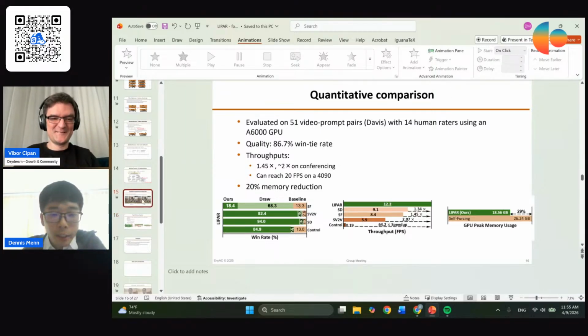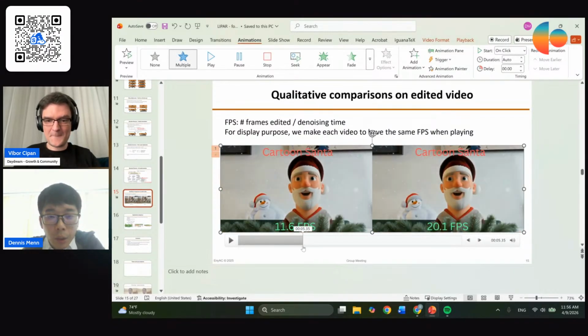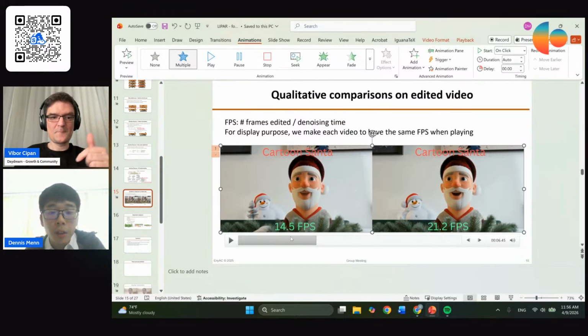Yes, so I can directly show you an example. On the left-hand side, this is self-forcing, whereas the right-hand side is LIPAR. You can see, even if the background does not change, self-forcing sometimes will incur a fluctuation of the background changes, but LIPAR does not.